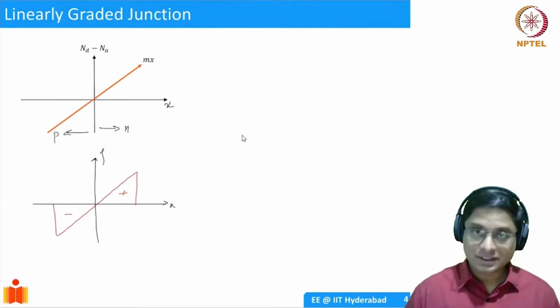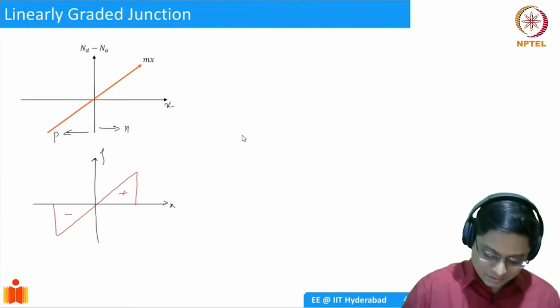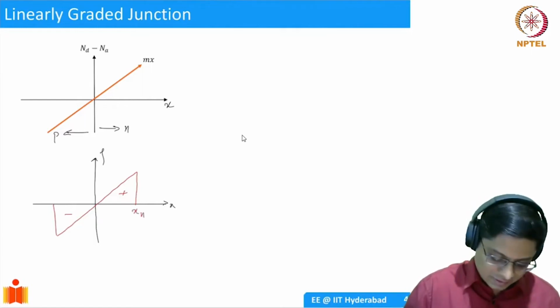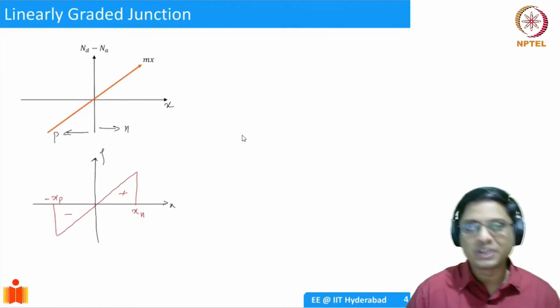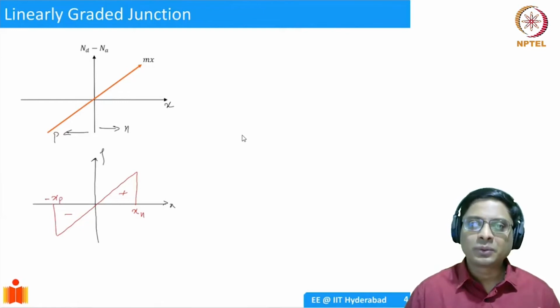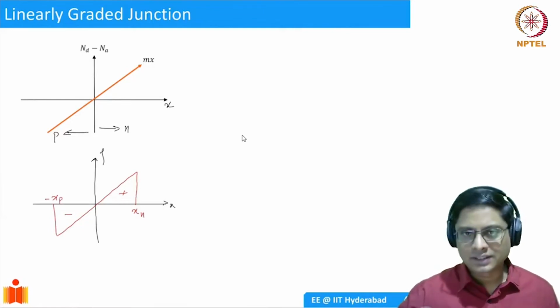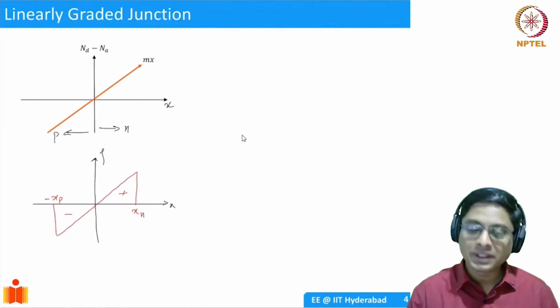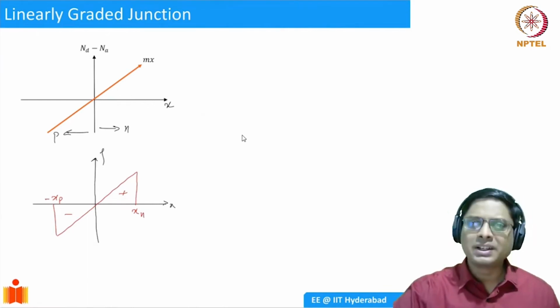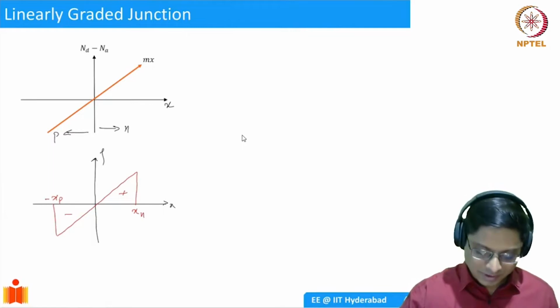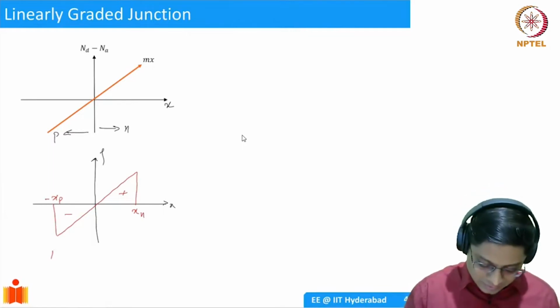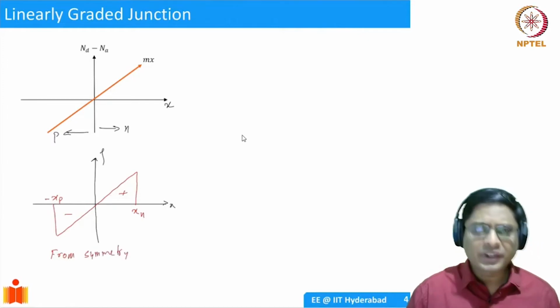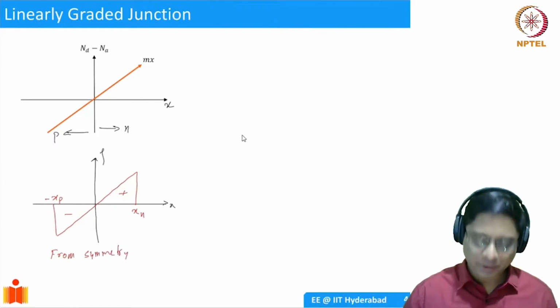And the other interesting thing is, let's say if you call this xn and this minus xp, the edge of the depletion regions. What can we say about the edge of the depletion region? Is there any relation between xn and xp? Well, it's a simple linear doping, right? So from symmetry, the doping is symmetric about the x equal to 0 point.